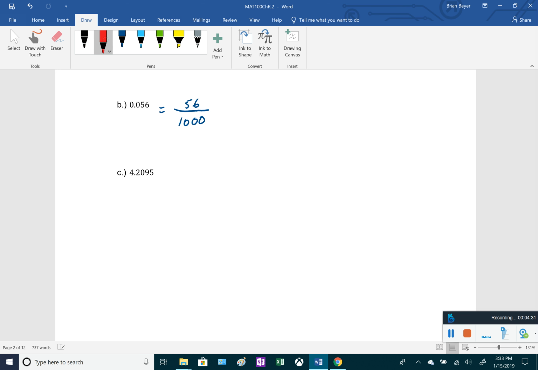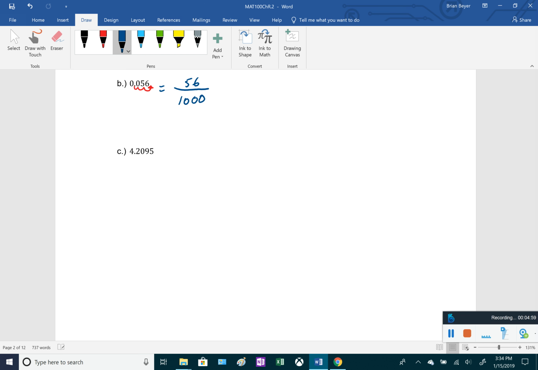And then once again, we could think of it as how many place values did we have to move over. We moved over 3. So 1,000 is in the denominator because of the 3 zeros for the 3 place values that we moved over. Okay, and then for the next one, we have 4 and 2,095 ten thousandths.